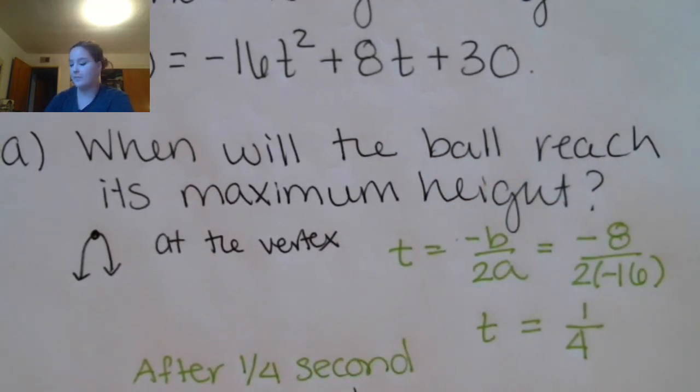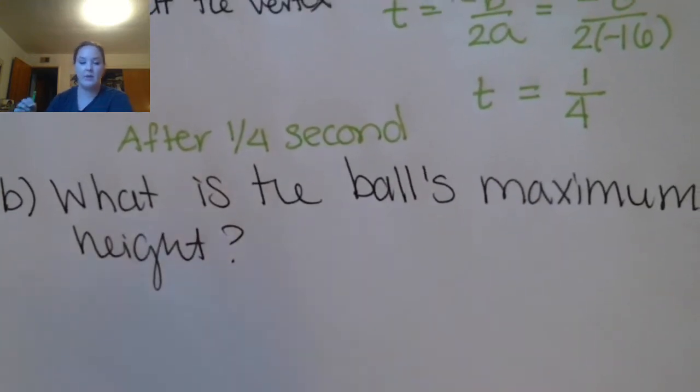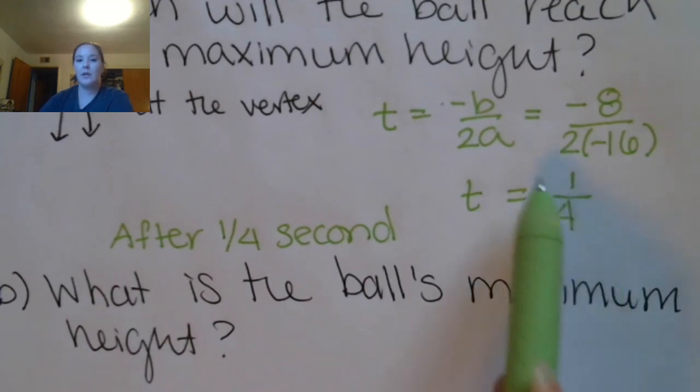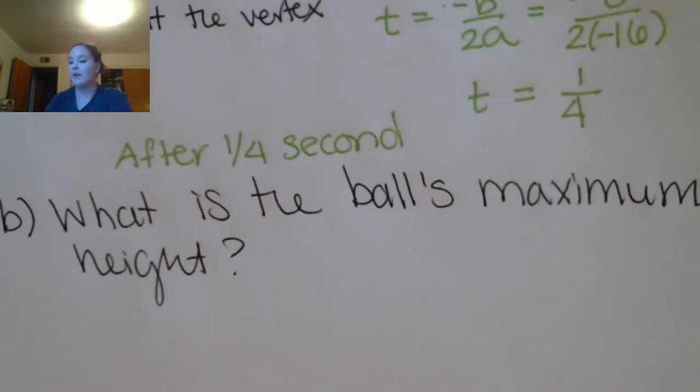Part B says, what is the ball's maximum height? Now we're going to plug in our t value to our function and find out its height.